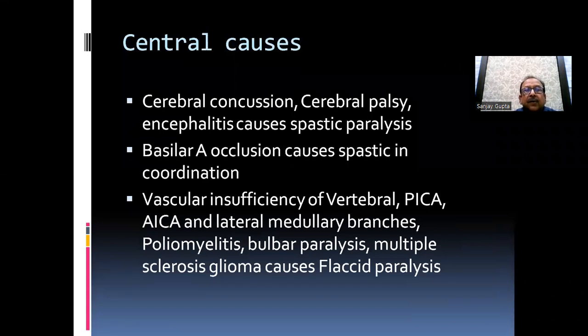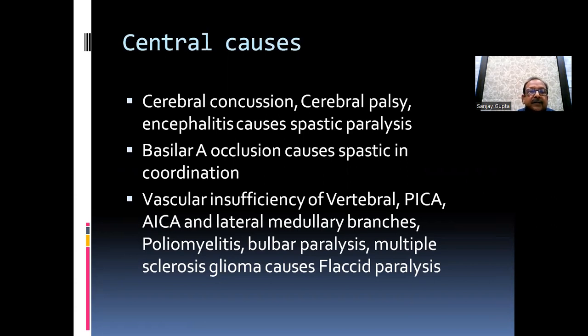Looking at the causes of vocal cord paralysis, there are central causes, which can be cerebral concussion. There can be cerebral palsy, encephalitis, which causes spastic paralysis, basilar artery occlusion, again causing spastic paralysis and incoordination, and vascular insufficiency of the vertebral or posterior inferior cerebellar artery, anterior inferior cerebellar artery, and the lateral medullary branches.